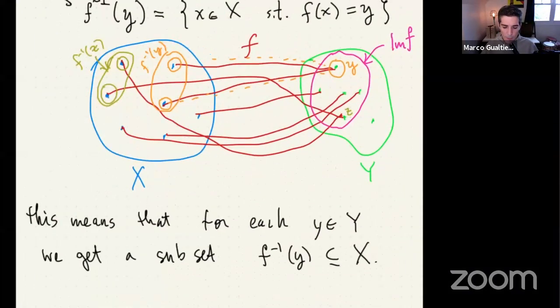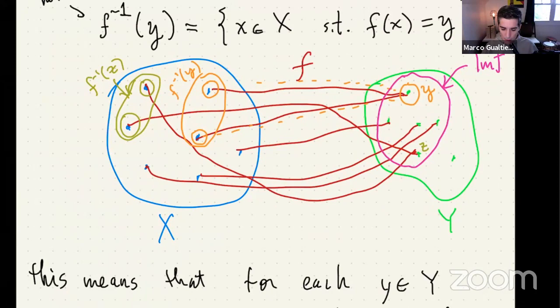Let's continue. So if I look at this point, let me call this W. Take this color. The pre-image of W is here.